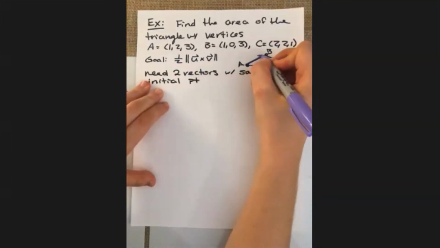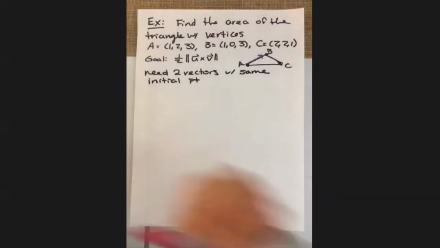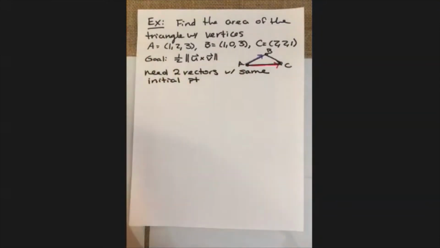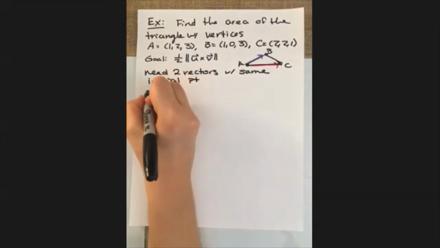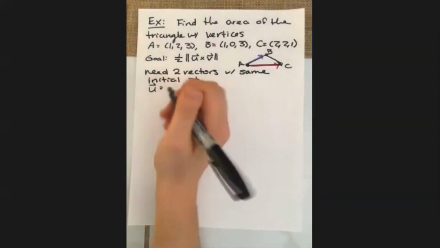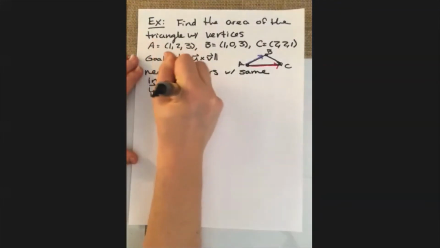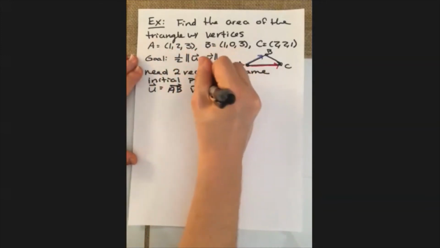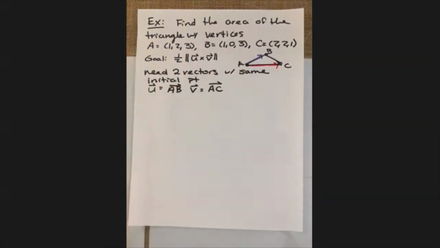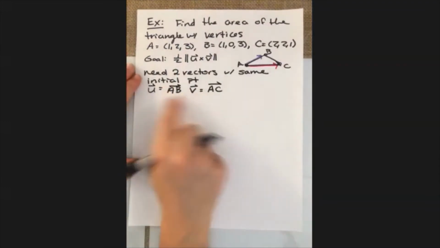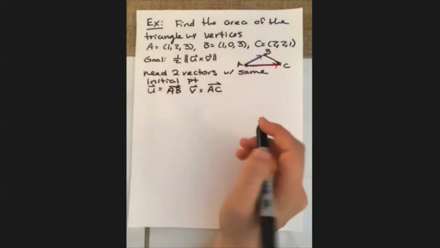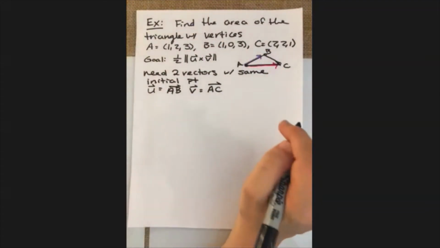I'm going to use AB and AC, I think, in this case. So we can take u to be equal to AB and v to be equal to AC. All we have to do really is create these two vectors, and then we're able to plug them into our formula and take the cross product and all of that, and we will get our area for the triangle.